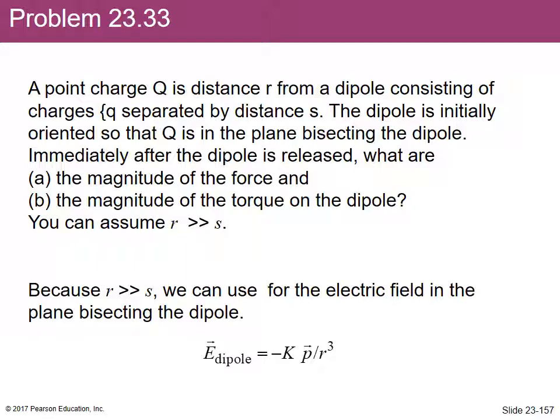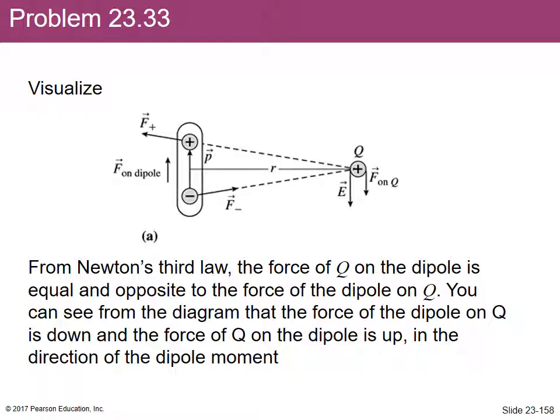Because r is much, much greater than s, we can use the electric field of the dipole as minus k times the dipole moment over r cubed for the electric field in the plane bisecting the dipole. From Newton's third law, the force of Q on the dipole is equal and opposite to the force of the dipole on Q. You can see from the diagram that the force of the dipole on Q is down and the force of Q on the dipole is up, in the direction of the dipole moment.